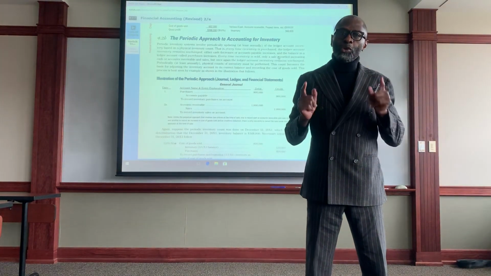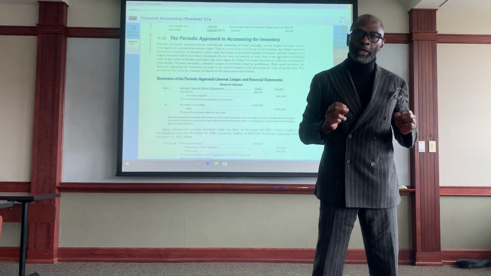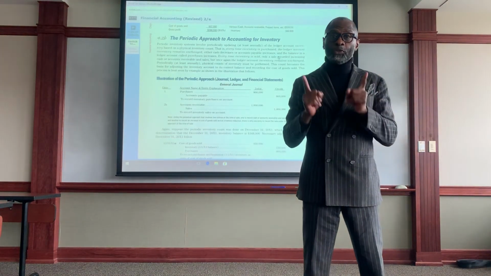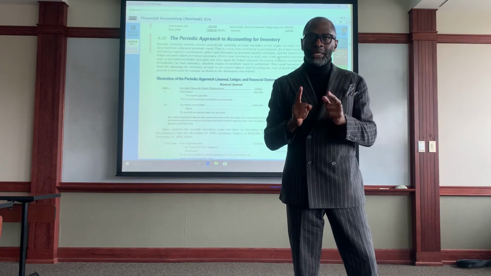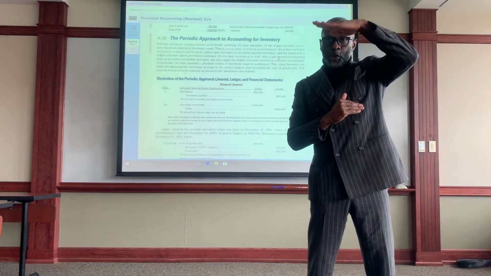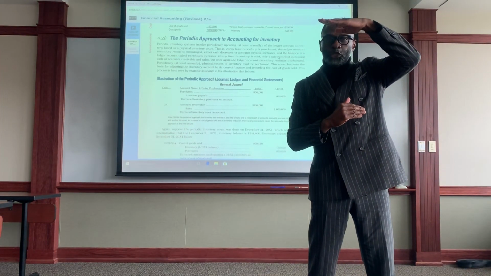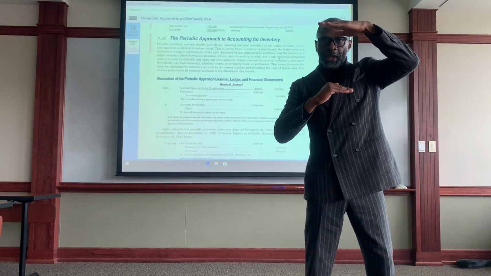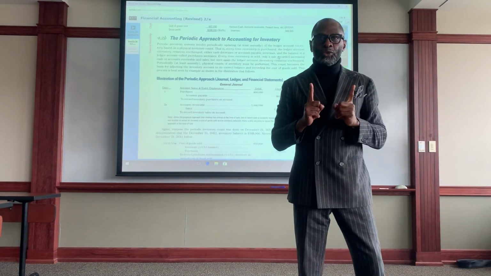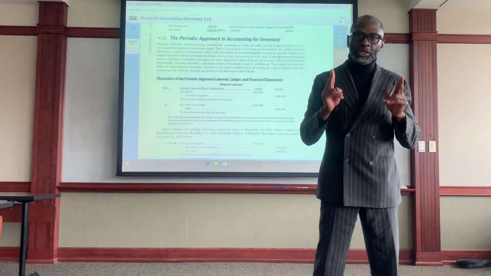We took a physical count subsequently and determined there was only $1,000 worth of office supplies on the shelf. That physical count tells us that we now have to take that $3,000 in office supplies and reduce it to $1,000, which we physically counted. Therefore, we have to do an adjusting entry of $2,000.